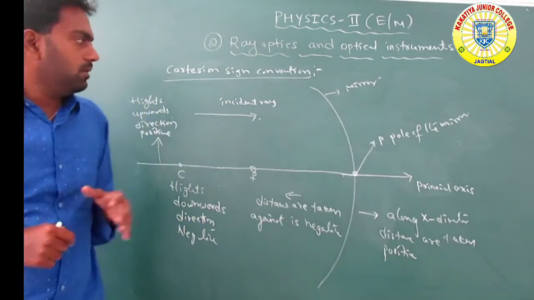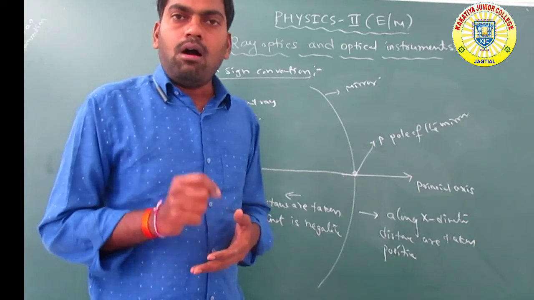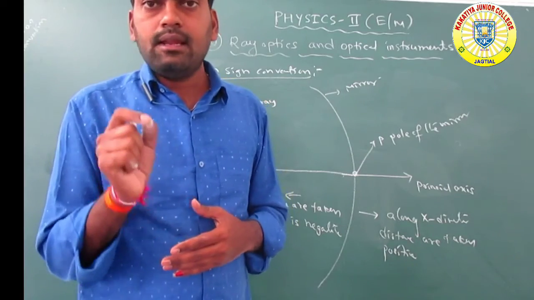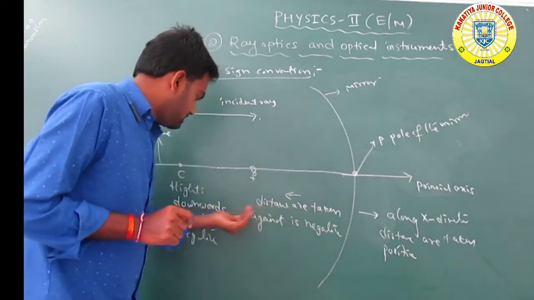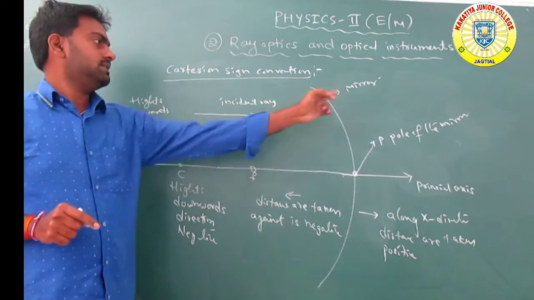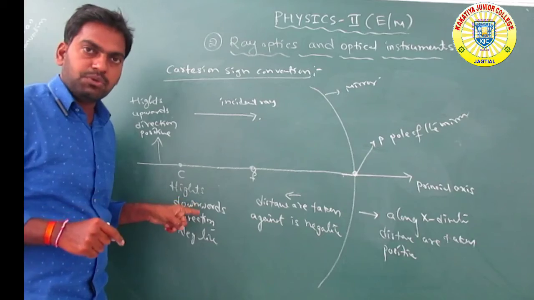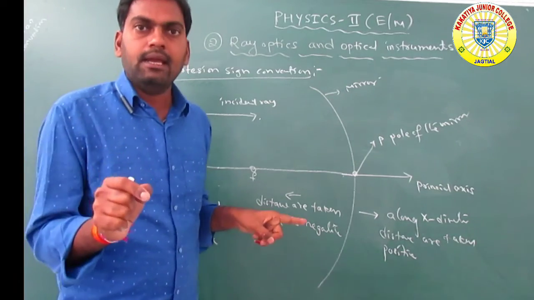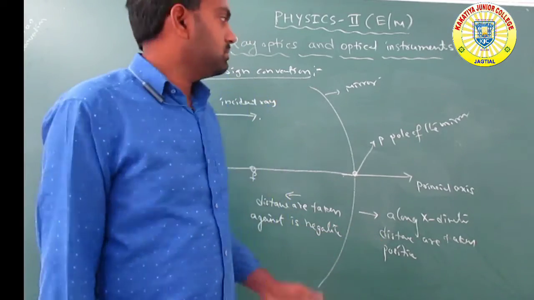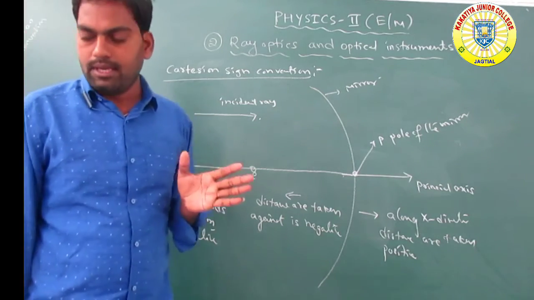The distances measured along the incident ray direction are taken as positive, and the distances measured opposite to or against the direction of the incident ray are taken as negative. So these are the rules of the Cartesian sign convention.